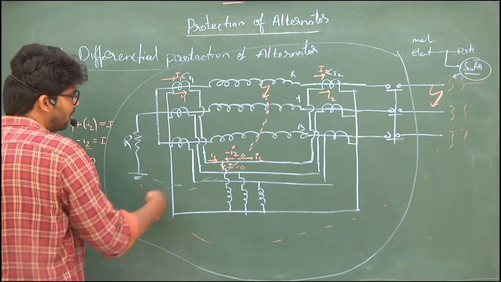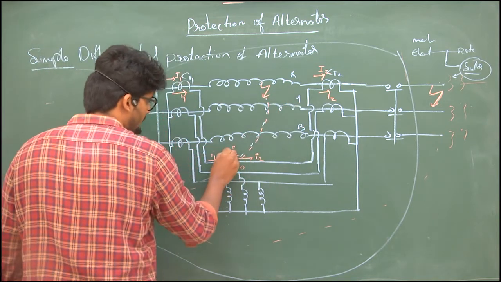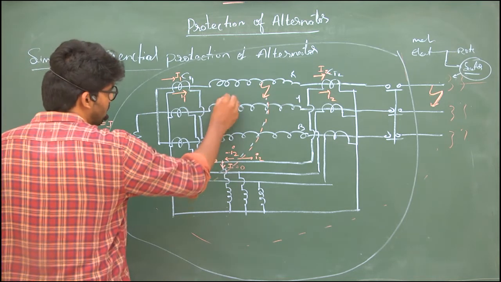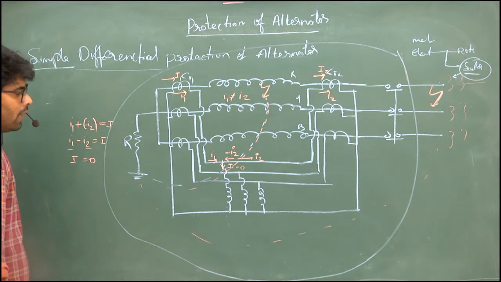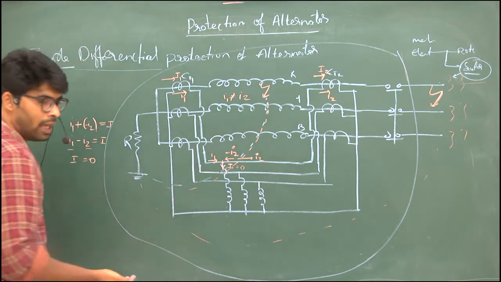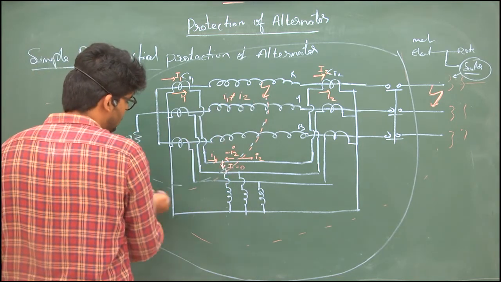In the circulating current, I1 and I2 are taken in the same direction, but in this case I1 will not be equal to I2. Why? Because the potential is not maintained at that position, and some current will flow through the ground.